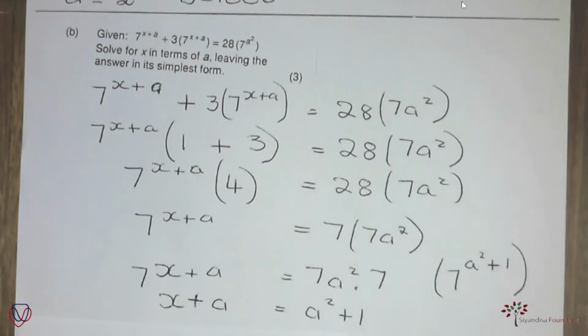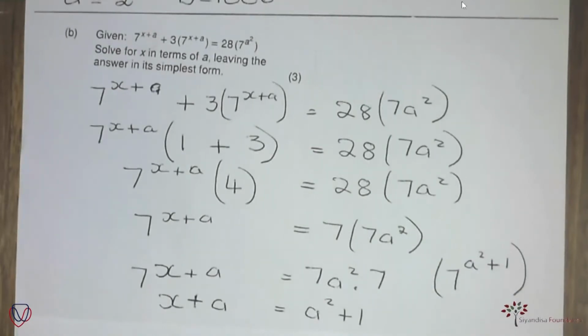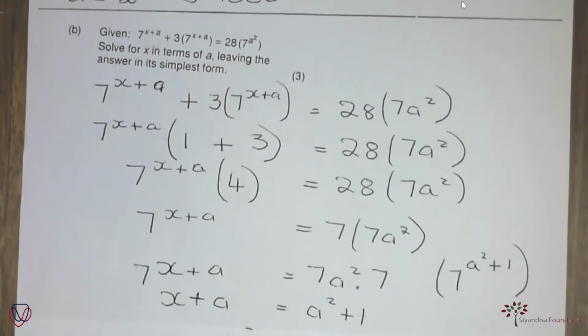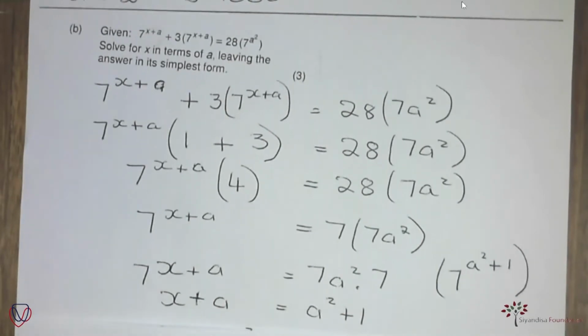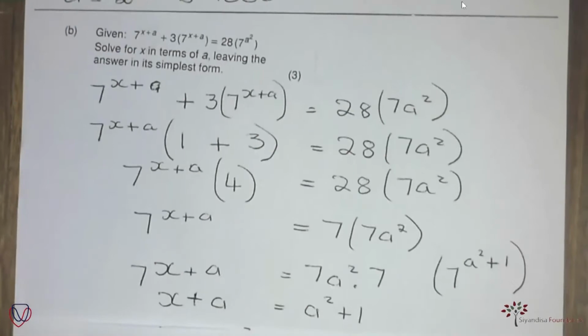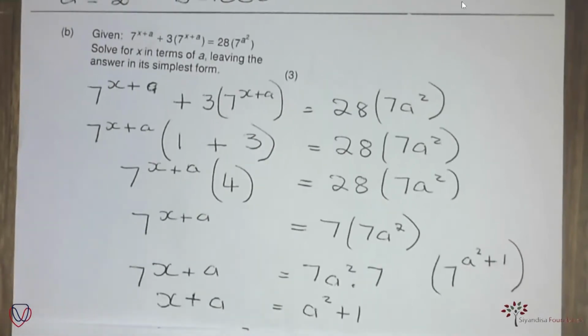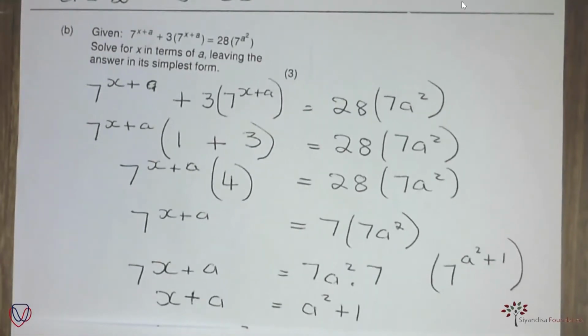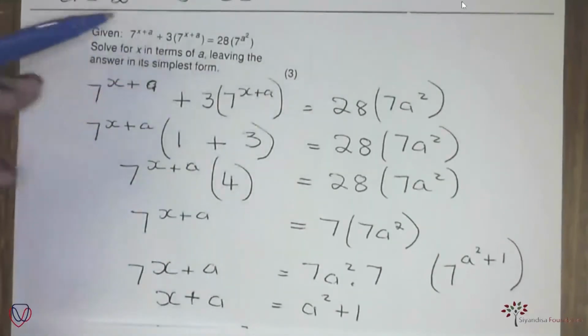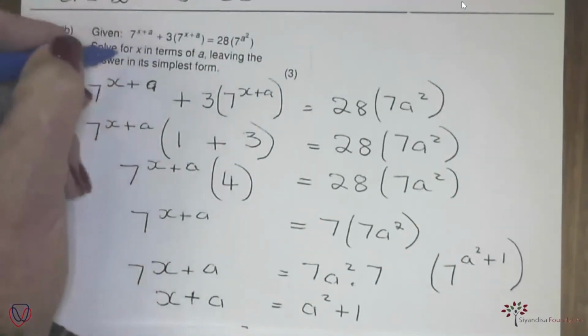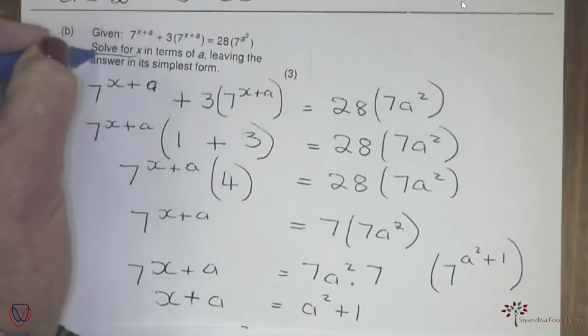And now what was the question, people? Solve for x in terms of a. Because there's an a, you are going to say to me, I can't solve for x. But look at the question. That's something I want to remind you about also. Bring yourself color pens or color pencils, bring a highlighter or two. When you read a question, you must actually look at the question and ask yourselves, what must I do?